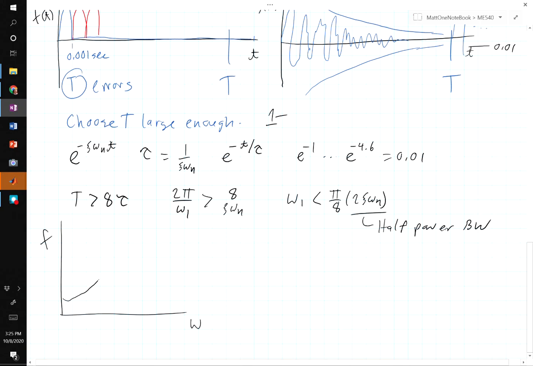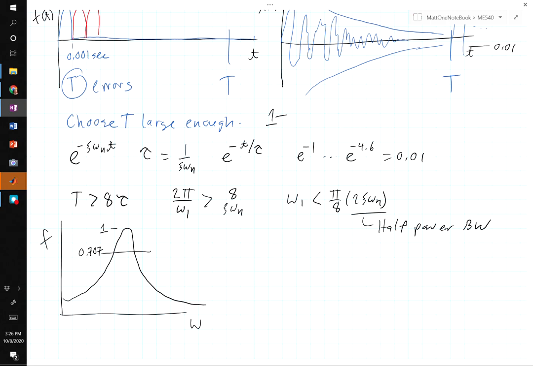So if we have a 1 degree of freedom system and we have a resonance, the half-power bandwidth is defined as the point where we come down by 0.707, so the square root of 2, but power is the square of velocity, so that's half of the power in the signal.